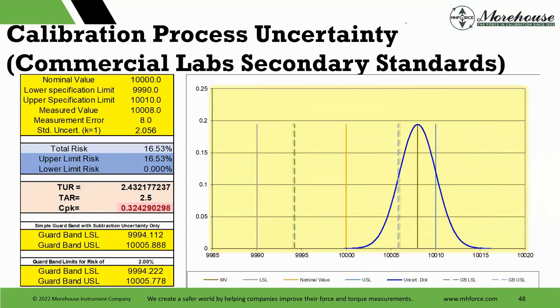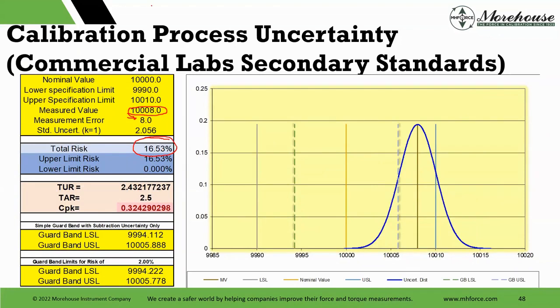But now let's look at the same thing with commercial labs, right? Same measurement, 10,000 pounds. The device is out, has a bias. When I say 10,008, measurement error is 8 pounds. Still out, so it reads 10,008. If I plot this, my risk is now, if I'm not using that standard with a super low uncertainty, I do not have as much of an acceptance limit.